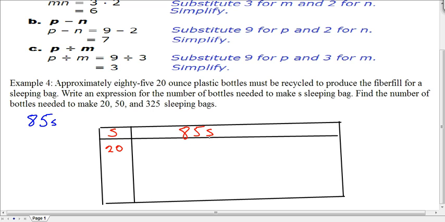So we're just simply going to, just like we did previously, substitute 20 for S. So we will have 85 times 20.